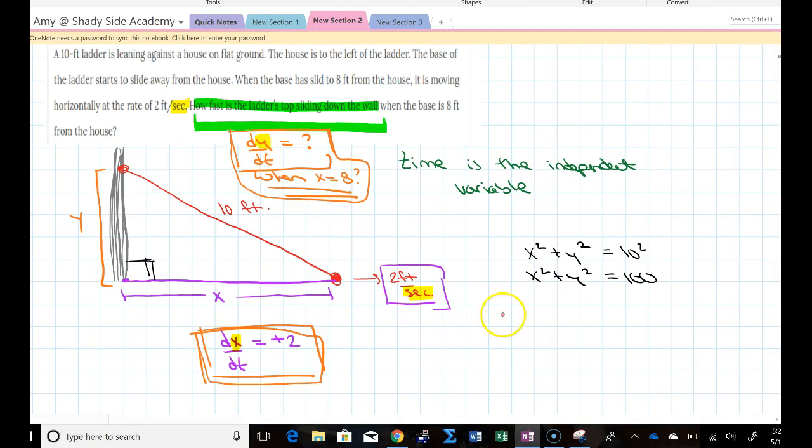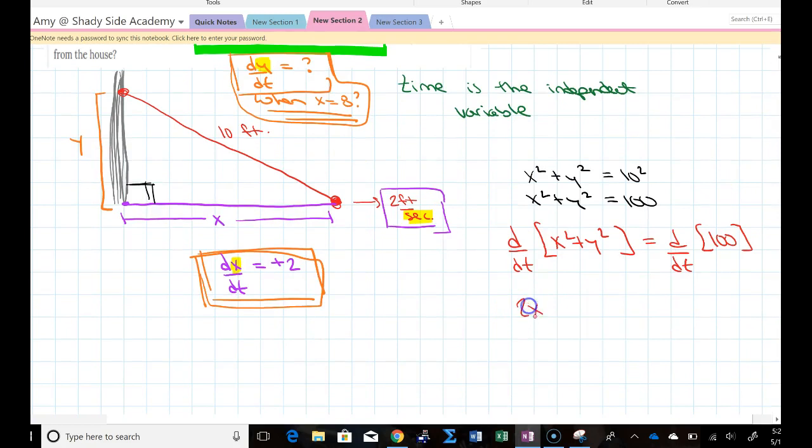So I'm going to take the derivative with respect to time of x squared plus y squared and the derivative with respect to time of 100. And what I get here is 2x dx/dt plus 2y dy/dt equals 0.